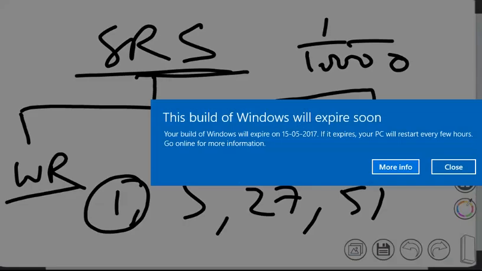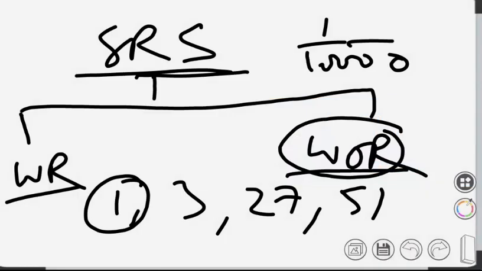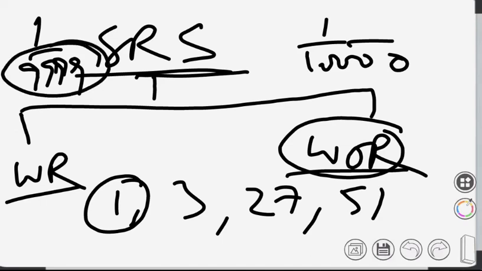Since I have already picked one, the probability of picking the second one becomes 1 by 9999, so it will decrease. Without replacement means the element that is picked is not replaced. In general, that is the case.